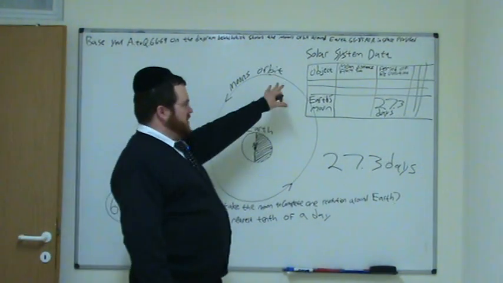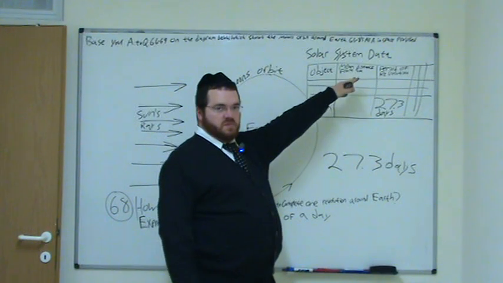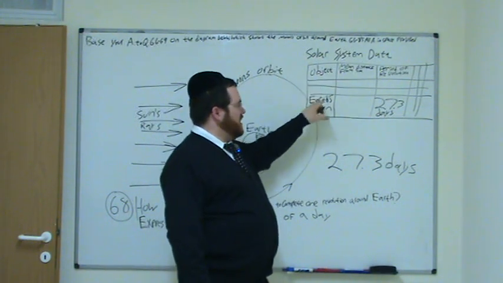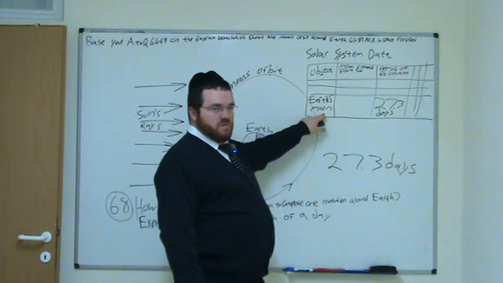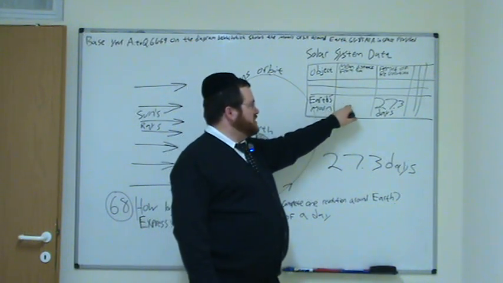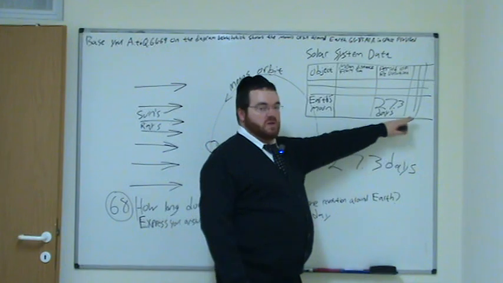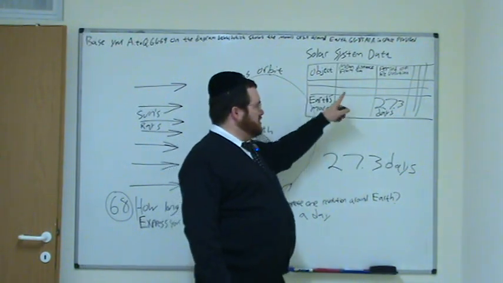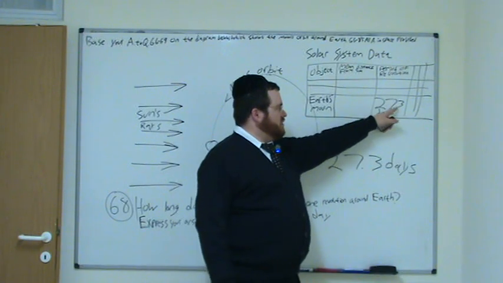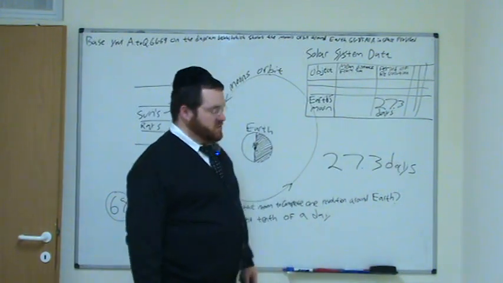On the solar system data, you have an object, you have different planets, and all the way on the bottom you have Earth's moon. The first thing is the mean distance from the sun. After that is revolution, and there's a whole bunch of other things further down. So Earth's moon, it says period of revolution is 27.3 days.